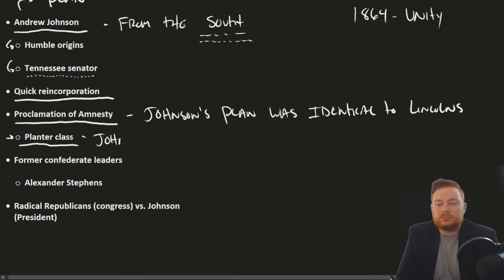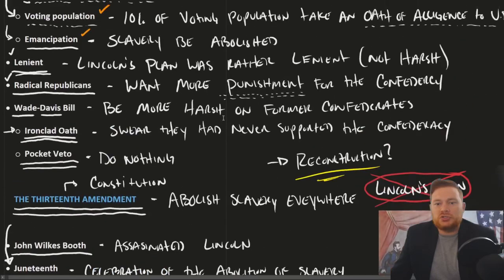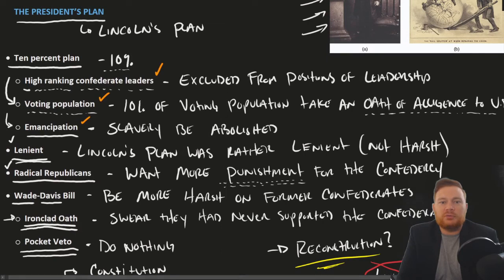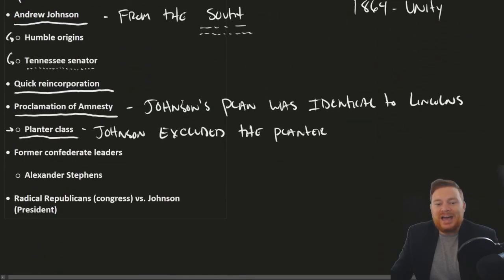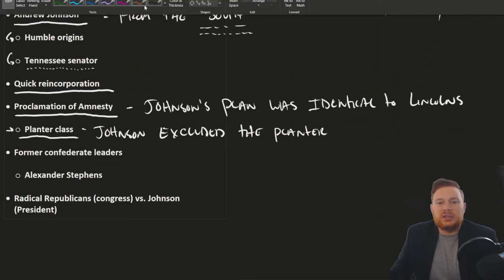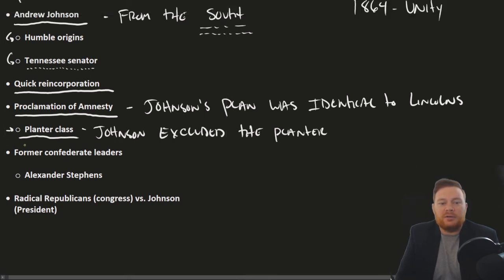Johnson excluded the planter class. So where initially Lincoln was really only concerned with these high-ranking Confederate leaders, saying that those people who played a role in the leadership of the Confederacy would be excluded from any future positions in the U.S. government, Johnson added on top of that the planter class, that is the very, very wealthy.